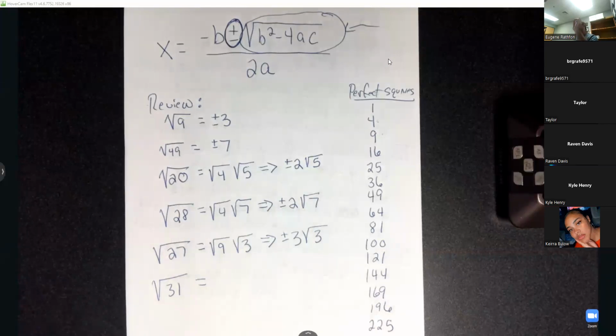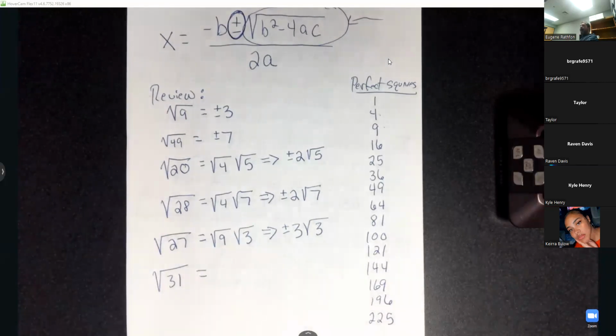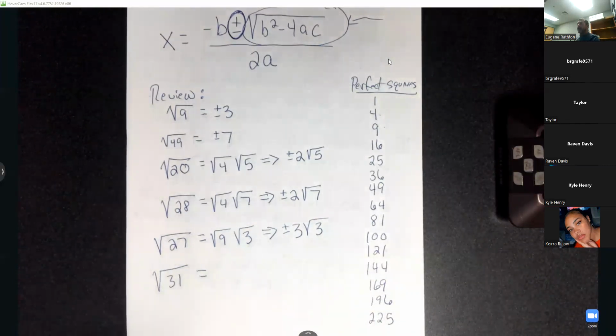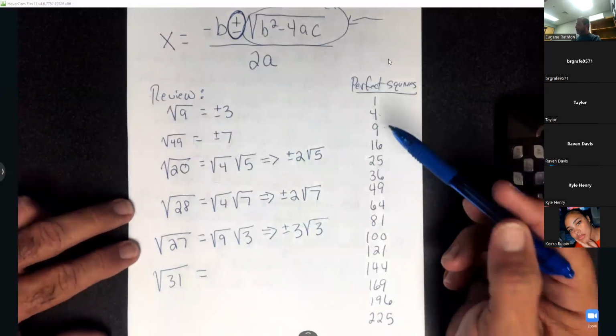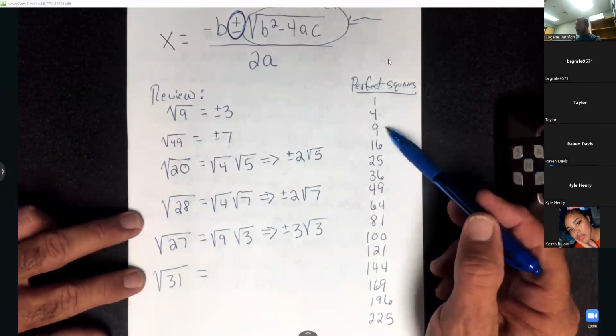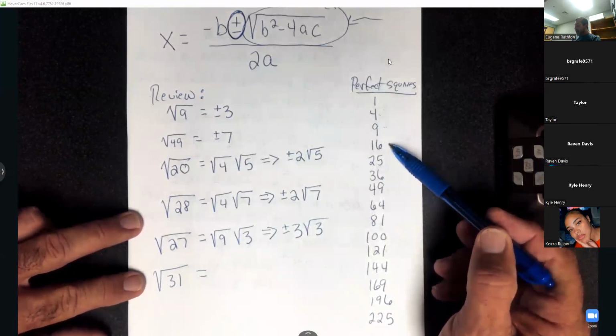Square root of 31. Can that be simplified? So let's see. 31 won't divide by 4. 31 won't divide by 9. 31 won't divide by 16.